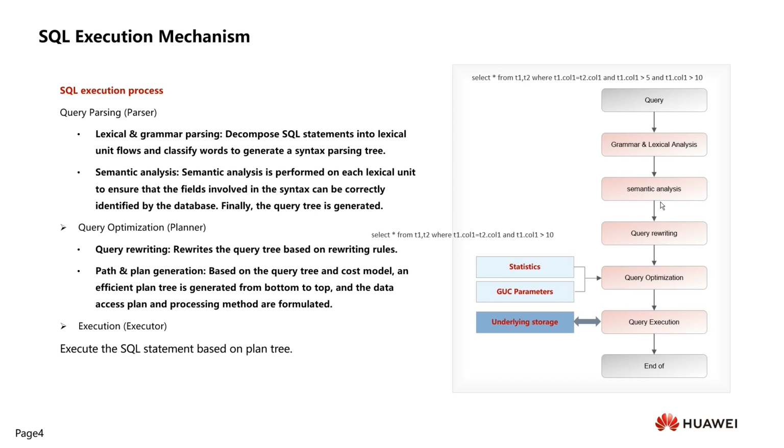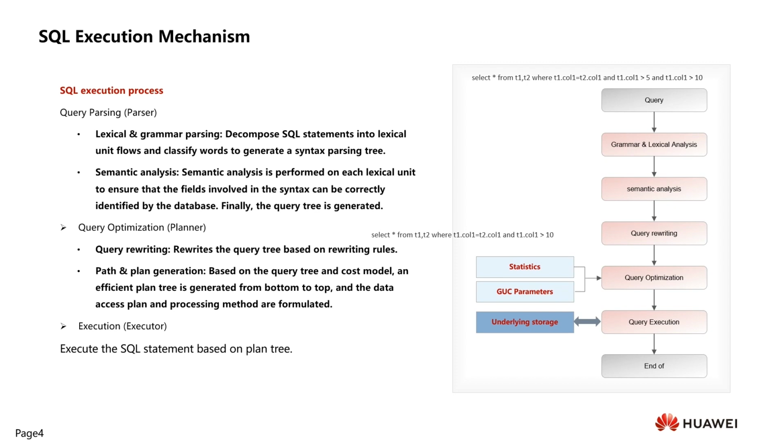Semantic analysis is performed on each lexical unit to ensure the fields involved in the syntax can be correctly identified by the database. For instance, it would check that the table name and the attribute names we write in our query actually exist in the database. Finally, a query tree is generated.